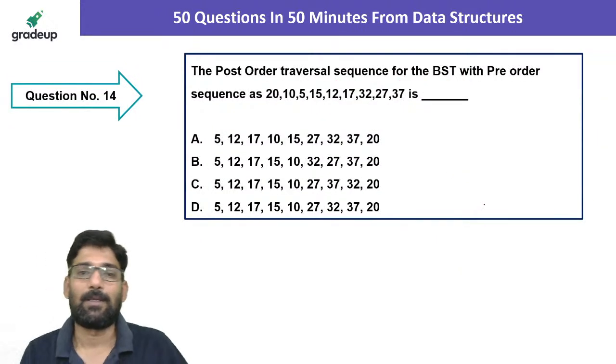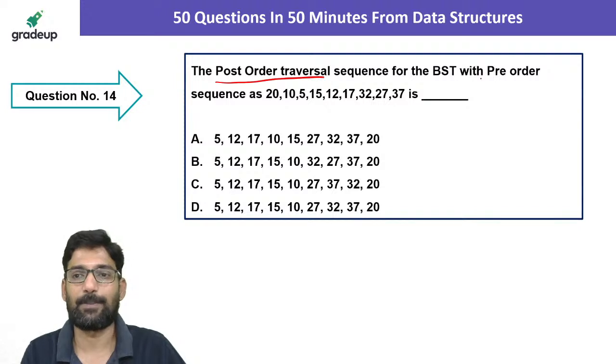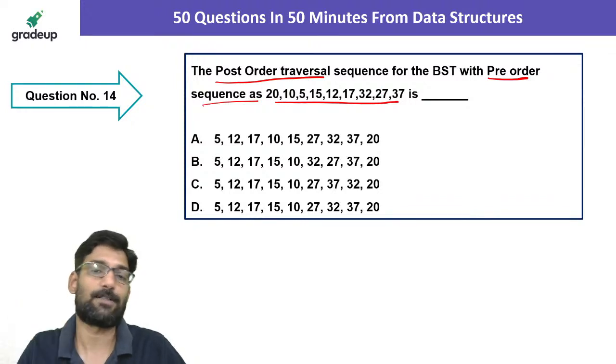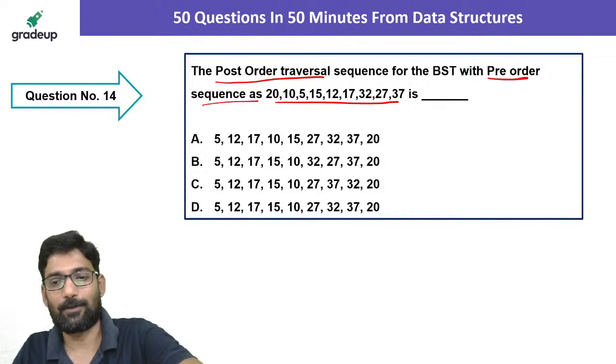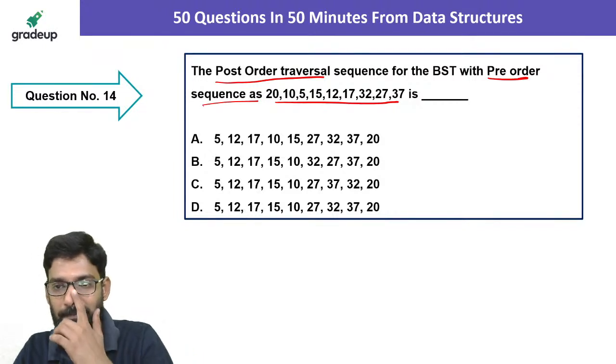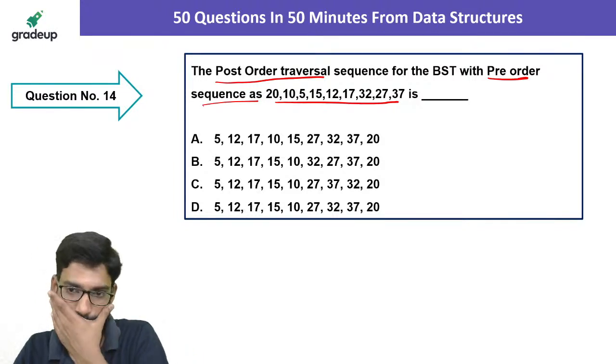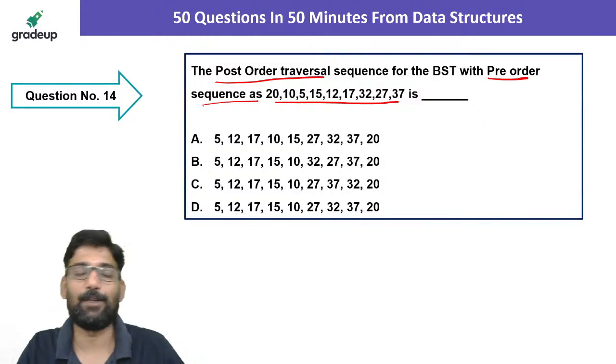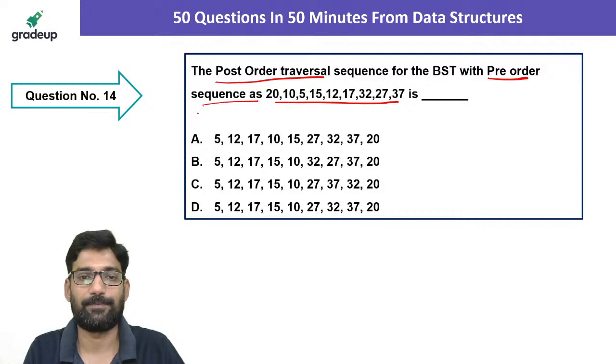The post order sequence for the BST with pre-order sequence as given. Now we have got pre-order sequence, we want post-order sequence. Quickly find out. I will help you in giving in-order sequence, guys.